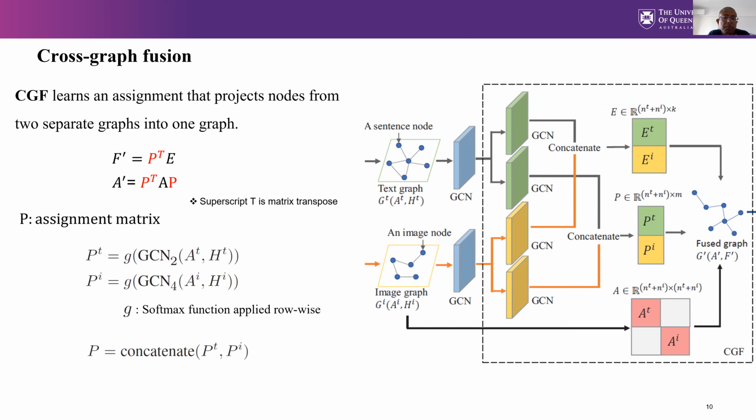First, are there any different ways you can use to create the text graphs and the image graphs? And the second question, is there any special difference you noticed in the requirements and the depths of those 2 GCNs there, the ones in blue? Yep.